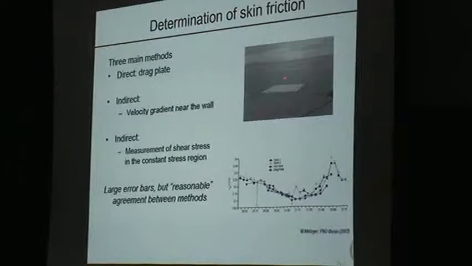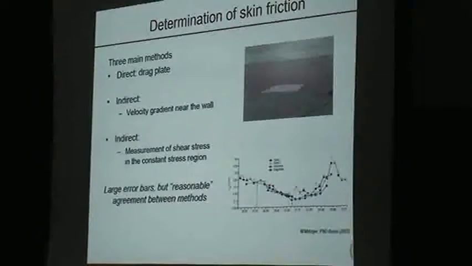But here's a surface-mounted drag plate. You can see the disc here, and that's embedded flush in the desert floor. Then one indirect measurement, of course, is to get the velocity gradient close to the floor. Now, in a laboratory boundary layer, it's pretty hard to get close enough that you can get into, say, the viscous sublayer and see the linear region, or even a little bit further from the wall.